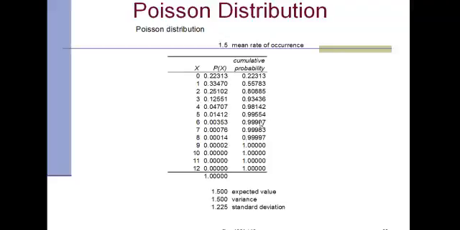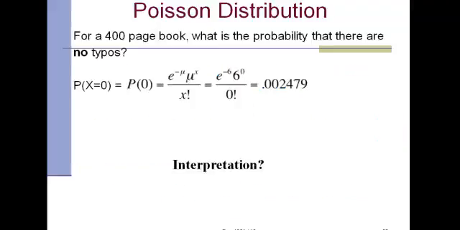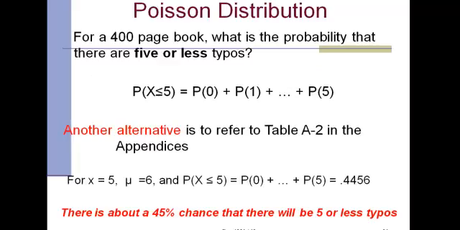So, this is the cumulative probability. For 5 or less, you can take each probability, 0 through 5, and add them up. And again, the answer comes out to be 0.4456, less than or equal to 5. And that means there's about a 45% chance that there will be 5 or less typos.